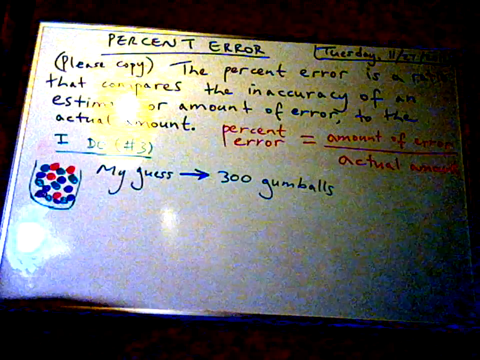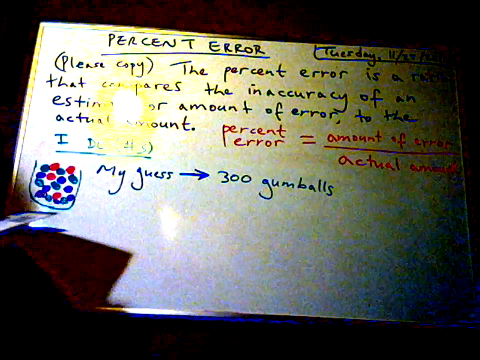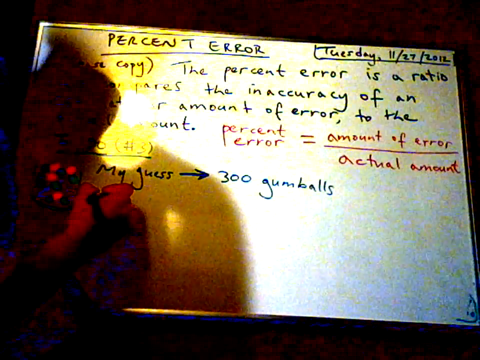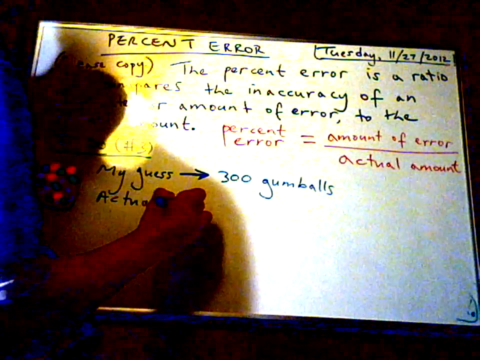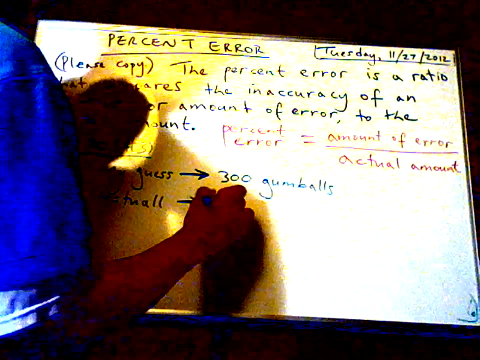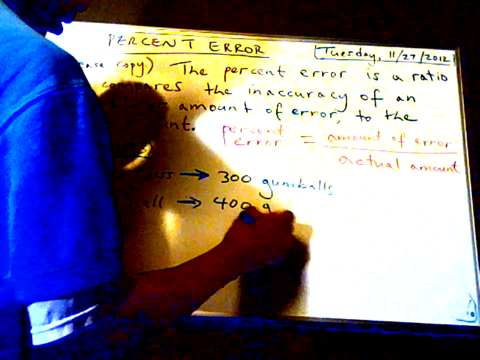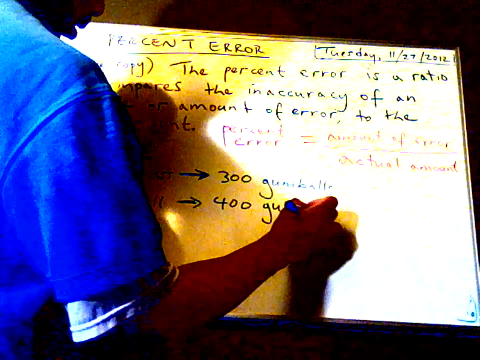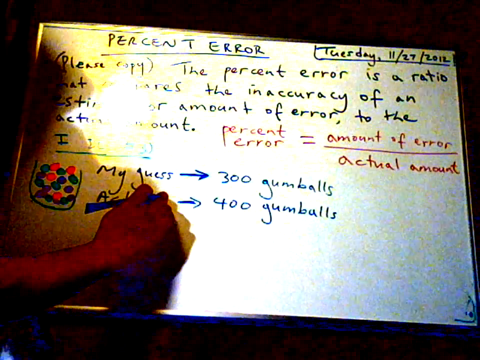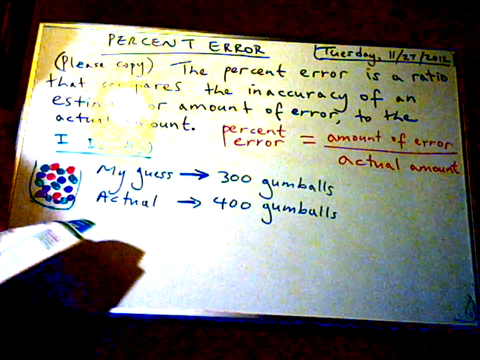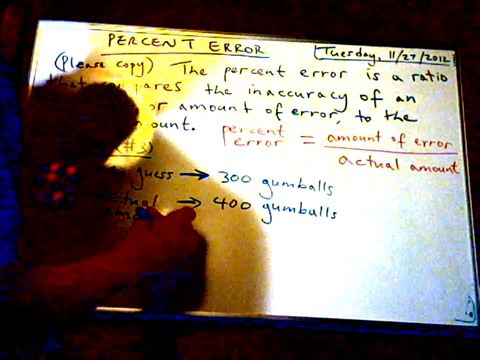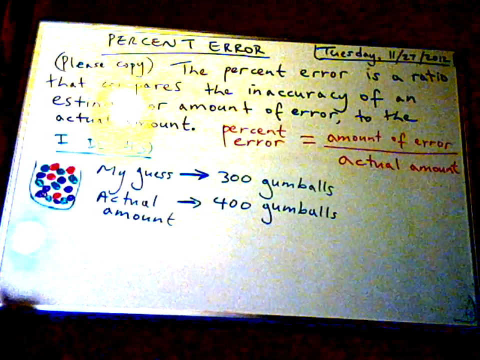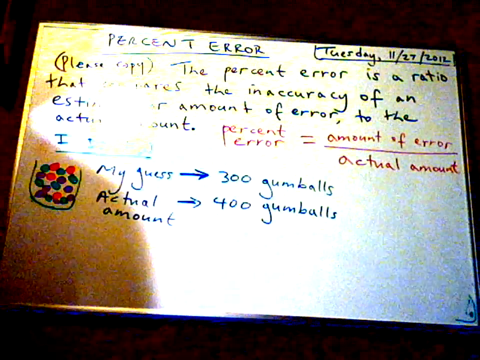Okay, and when I actually found out the amount of gumballs there were, it came out to 400 gumballs. So we know that the actual amount is 400. So don't forget, the actual amount always goes in the denominator.